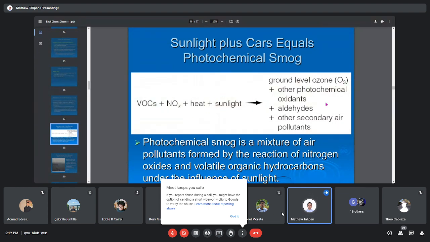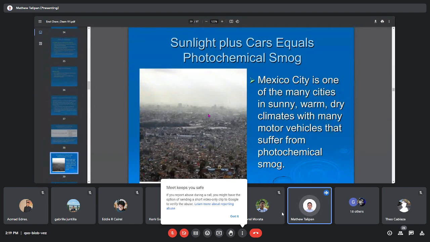The term photo comes from photons of energy, or sunlight. Then, of course, there is heat, from volatile organic compounds and from nitrogen oxides. You would observe that this is a familiar scenario in urban areas. There is a brownish coating, or what we call haze, just above the atmosphere. This is caused by photochemical smog.